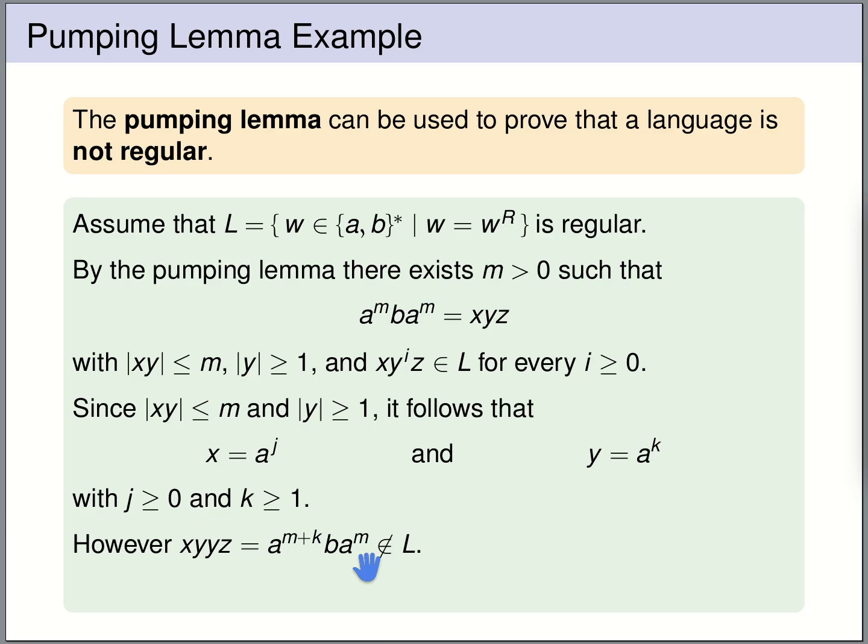But this word no longer is a palindrome. This word is not equal to its own reversal. We clearly have a b in the middle between the a's, but there's more a's in the front than in the back. So this word is not a palindrome, it's not in the language, and that's a contradiction to what the pumping lemma would yield.